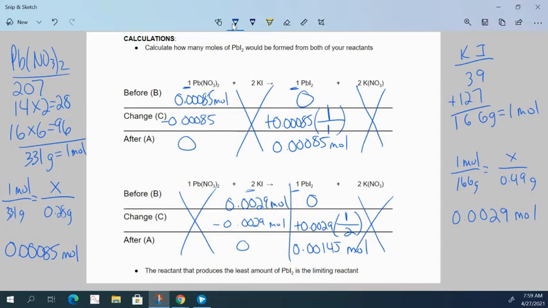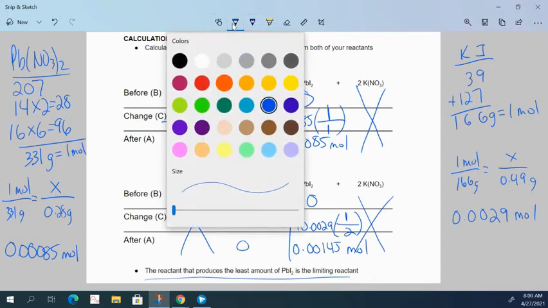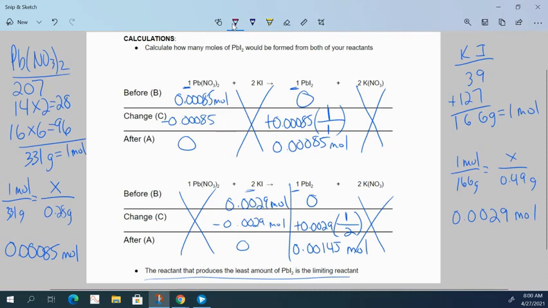Okay, so if you look at this bullet point down here at the bottom now, the reactant that produces the least amount of PbI2 is the limiting reactant. So which one produces less product? It is this first value right here. We've got an extra 0 placed there.